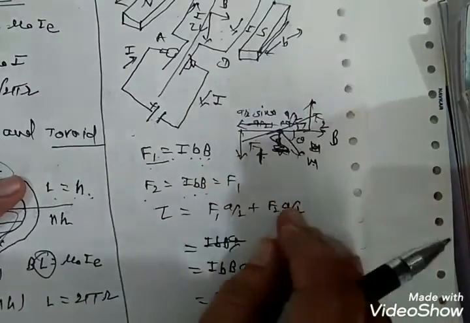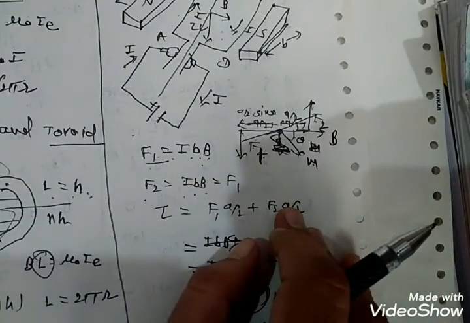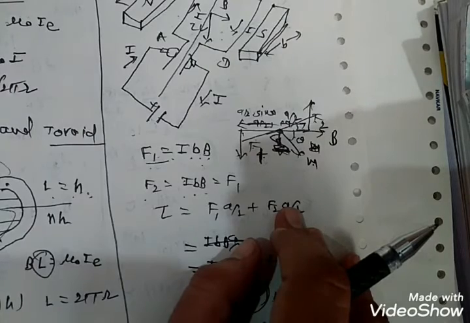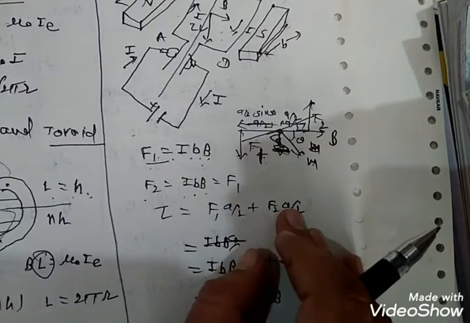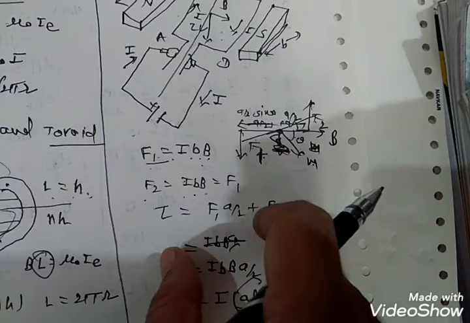In this figure, the view of the arrangement from AD shows these two forces constituting a couple.